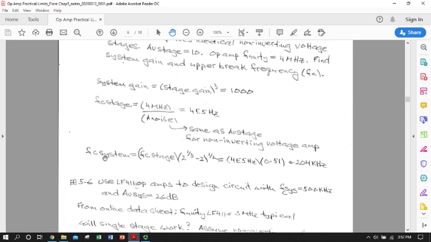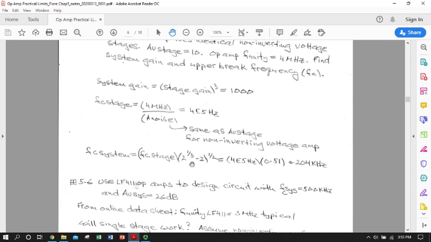So we go to our handy dandy formula for system upper break frequency as a function of stage upper break frequency and how many we got. So we got 3. So we have 2 raised to the 1 over n, where n's the number of stages. We got 3 stages. So we have FC stage, which is 4 times 10 to the 5th hertz times 2 to the 1/3 minus 1.